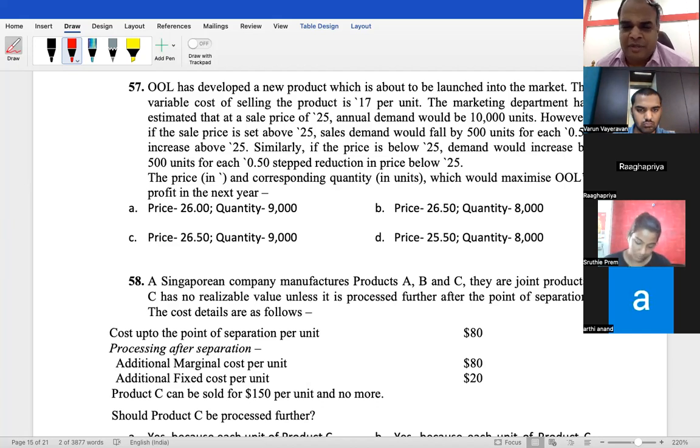Variable cost, same 17. Contribution per unit, how much then?